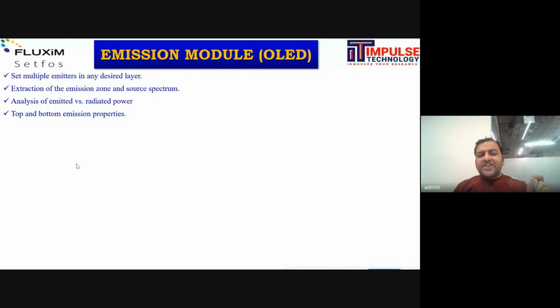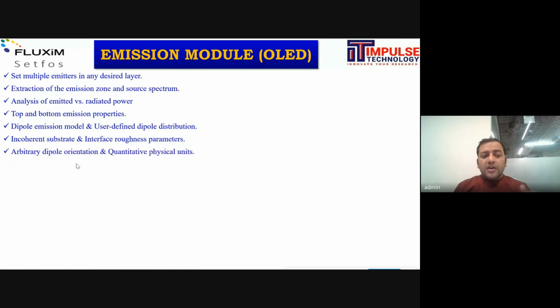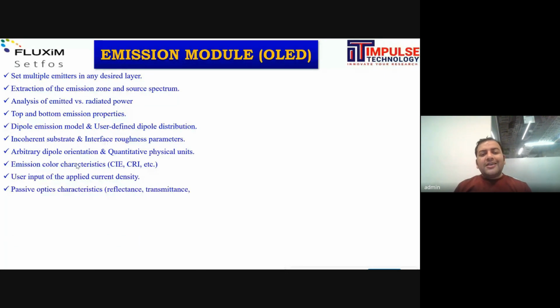You can do the extraction of the emission zone, source spectrum, emitted power, radiated powers, top and bottom emissive property, how much radiance there will be, electroluminescence, photoluminescence, dipole emission models, user-defined dipole distribution models, coherent, incoherent, roughness parameter, dipole arbitrary orientations, and physical quantities.